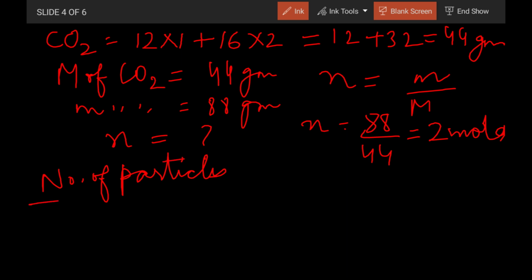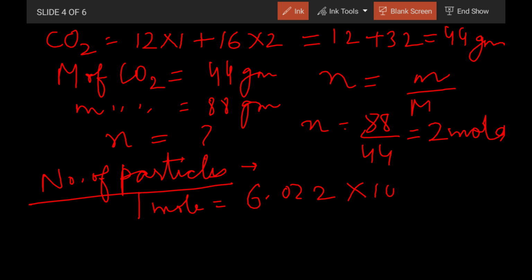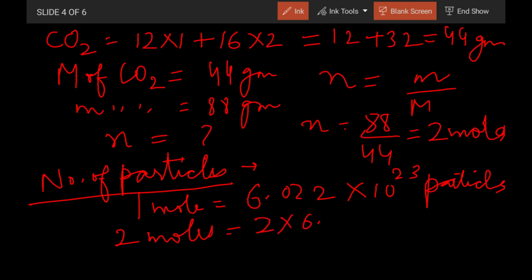To calculate the number of particles, 1 mole is equal to how many particles? Your Avogadro number, that is 6.022 into 10 to power 23 particles. So how many would be there in 2 moles? It would get multiplied by 2 only.